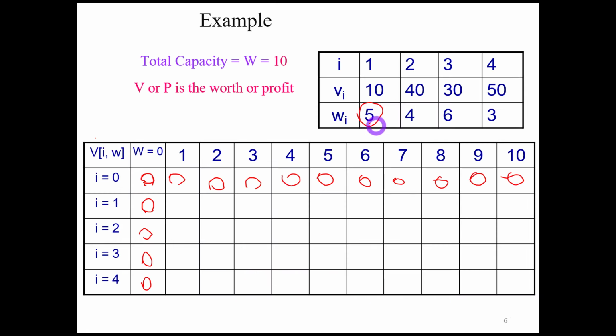So of course this must be 0. Similarly, it cannot come in a bag of size 2 because the item is of weight 5. So this will be 0, this will be 0, and here we can write the profit of item number 1, because this is a bag of size 5, the capacity is 5, and the weight of item number 1 is 5. So I can write 5 here, right?